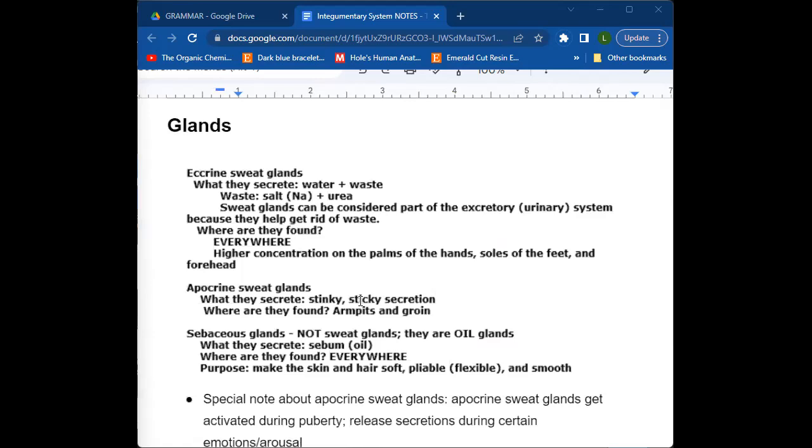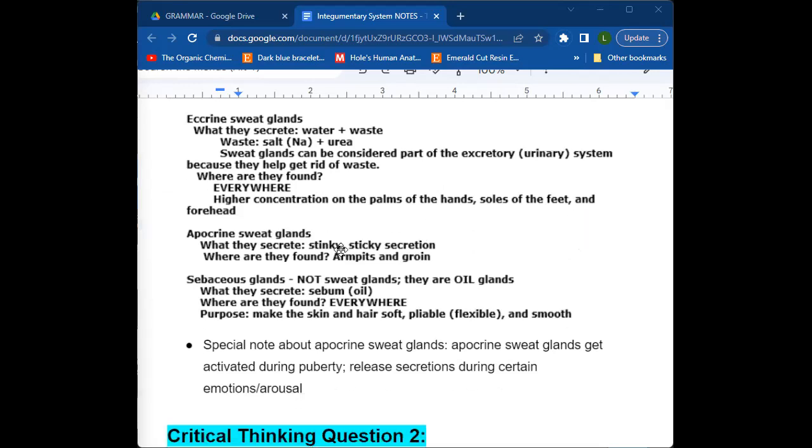Okay, then for glands, there's eccrine, apocrine, and sebaceous. The eccrine sweat glands are the really watery sweat glands.